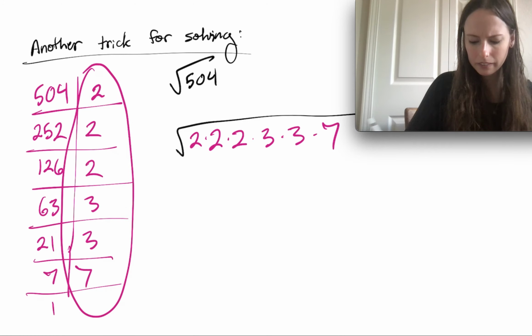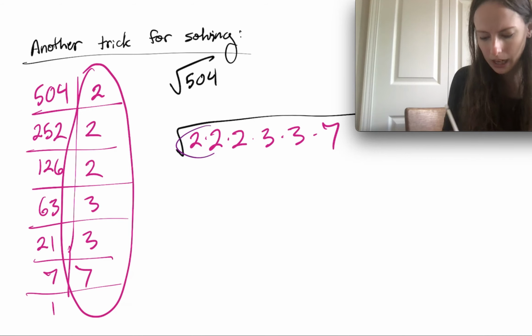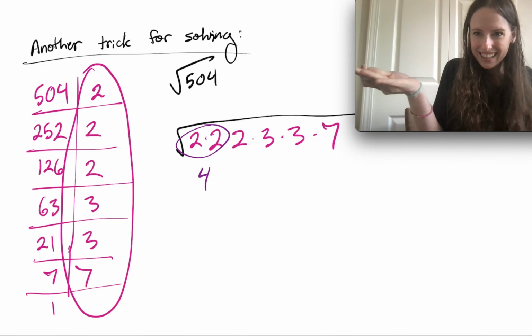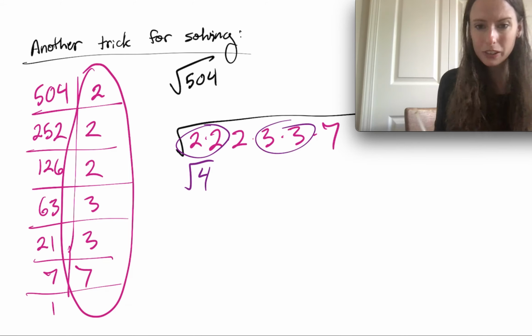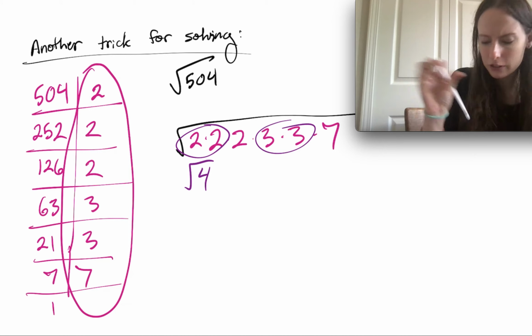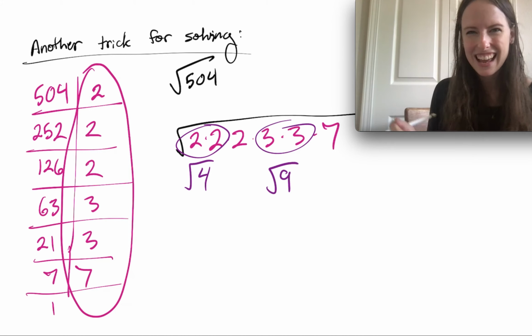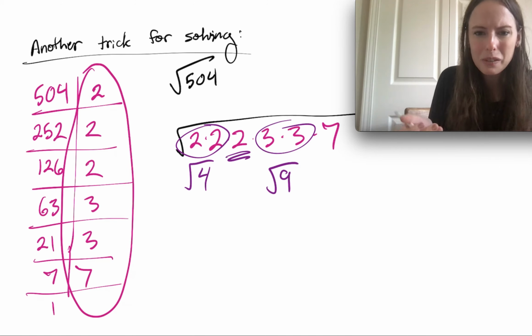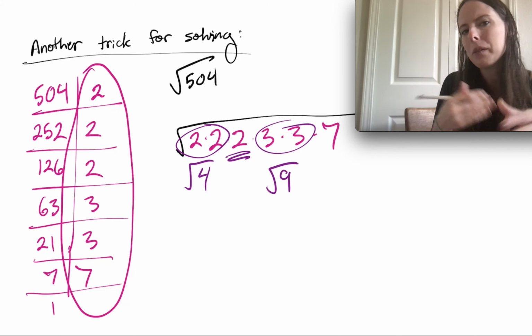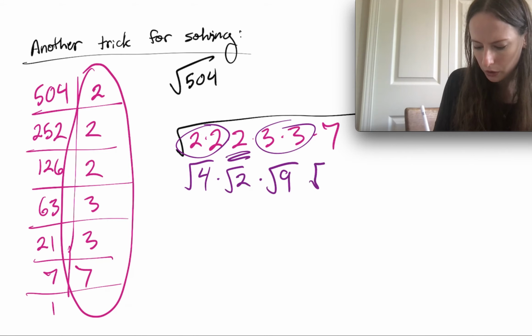So from here, I'm looking for pairs of numbers, because if you think about it, 2 times 2 is 4, and hey, that's a perfect square, root 4. 3 times 3, hey, there's another pair of numbers. 3 times 3 is 9, so that's another perfect square. And then we've also got this extra 2. Now, that one doesn't have a pair, so that one's not a perfect square. So we have root 4 times root 2 times root 9 times root 7.